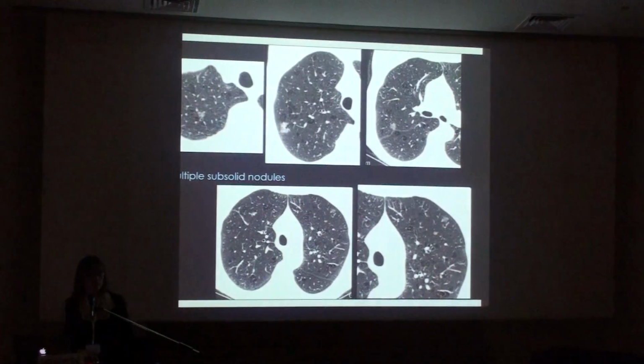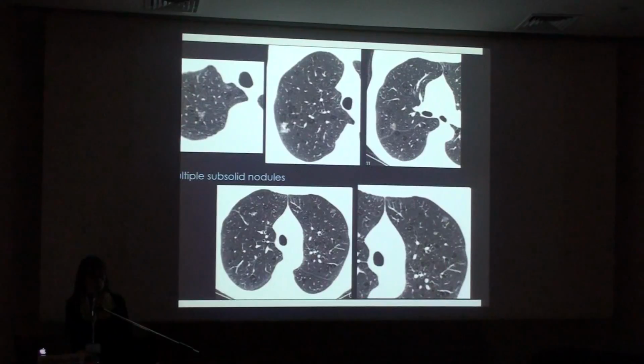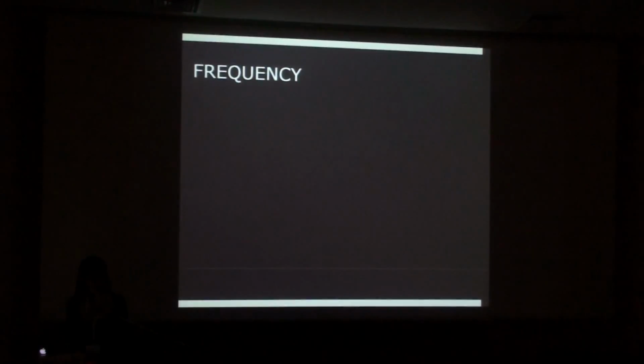Here in this patient, who's a heavy smoker, there are numerous subsolid nodules. This one is the largest one. It is nearly solid, but there are also numerous pure ground glass nodules, and the patient also has centrilobular emphysema.